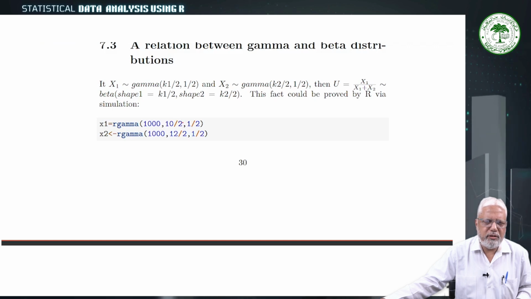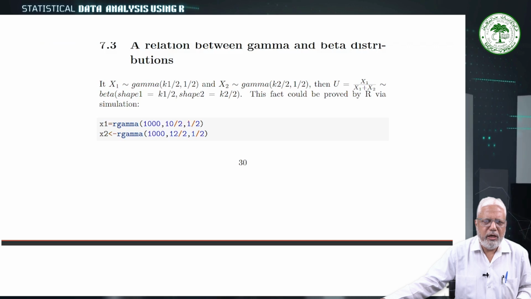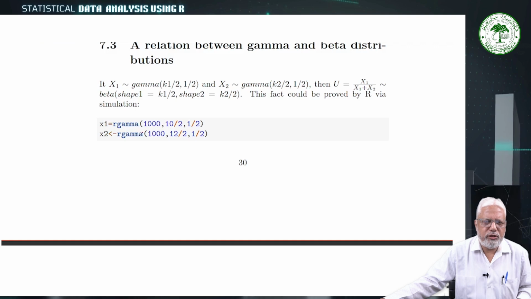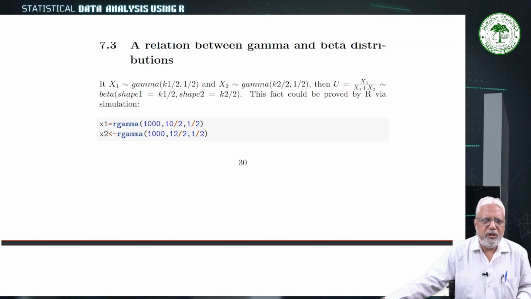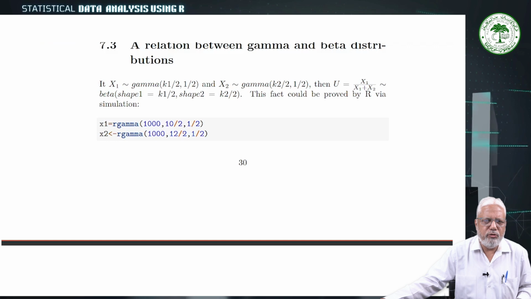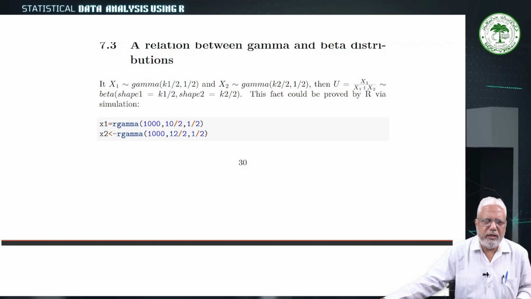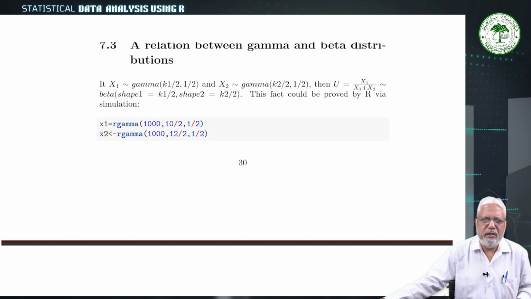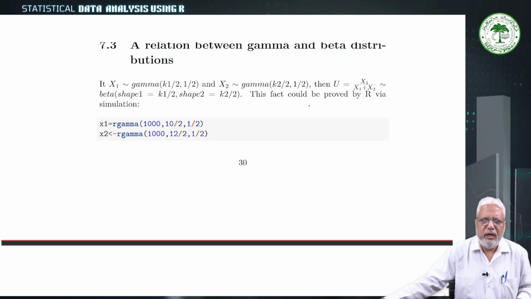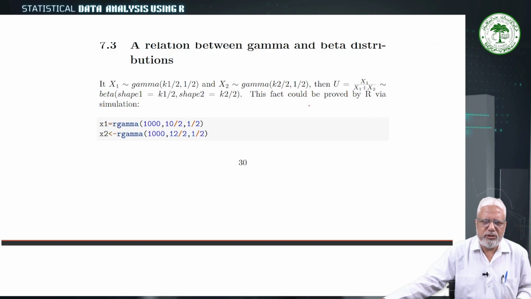So this is nothing but rgamma with k1 by 2 and half. So it is x1. Then x2 is another gamma random variable having 1000 simulations from gamma distribution with k2 equal to 12 by 2 and rate equal to half. So these two simulations are being made. Then we are going to talk about this expression u is equal to x1 divided by x1 plus x2.